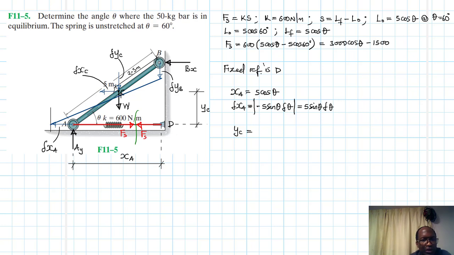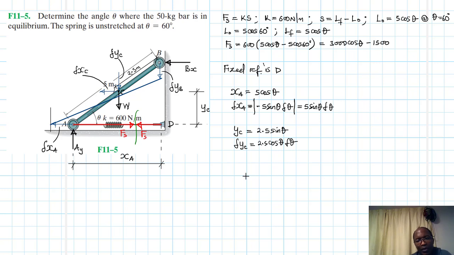So point C is half the length. So this is just 2.5 sine theta. Therefore, finding the first derivative, here we are now expressing the virtual displacement in the vertical direction. Del yc is just going to be equal to 2.5 cos theta del theta.